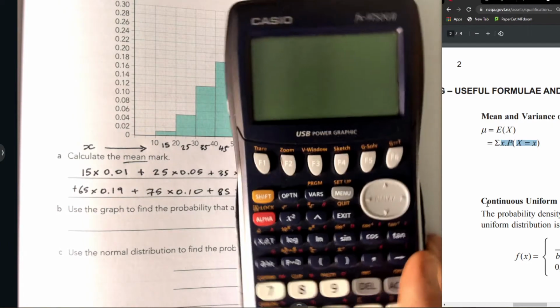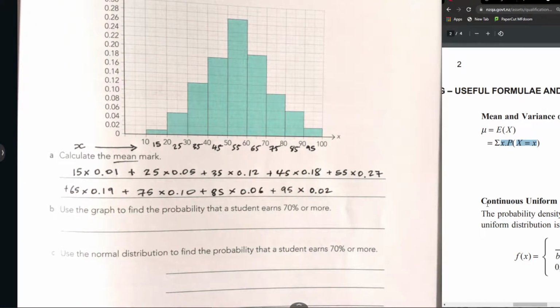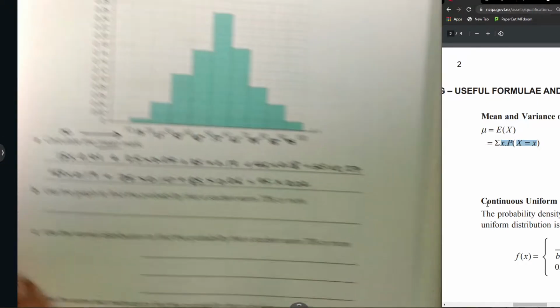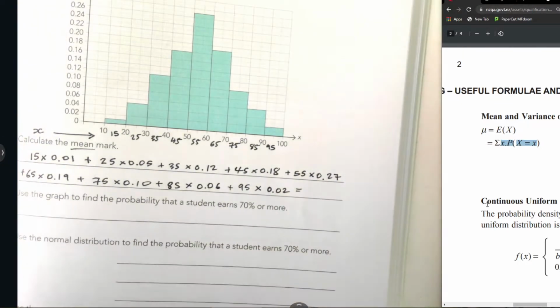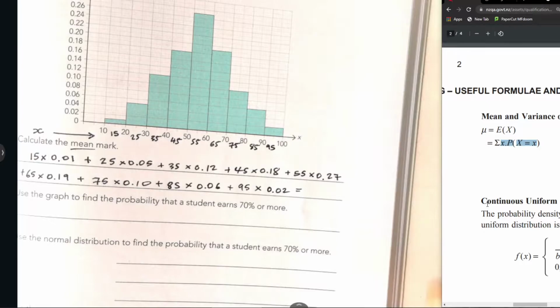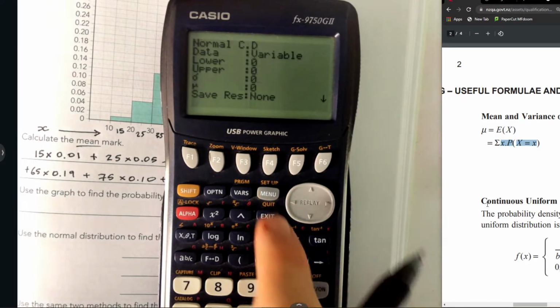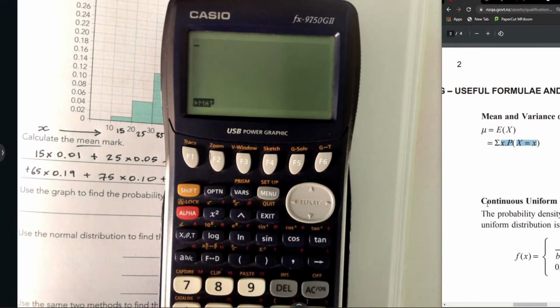The worst part is, whoever writes or designs these level 3 statistics exams, it's made so that you're going to get a way better mark if you use a graphics calculator. So let's everyone enjoy me using this beautiful piece of machinery.